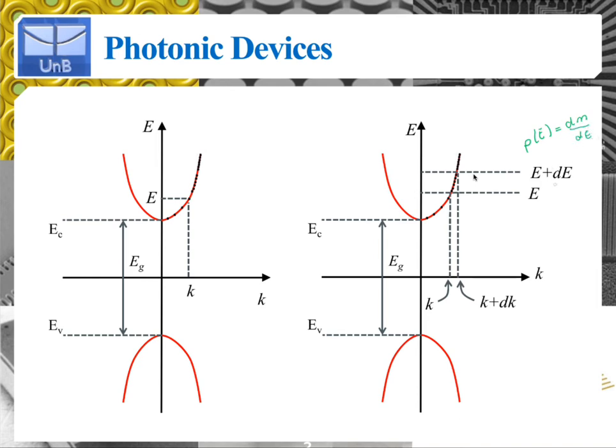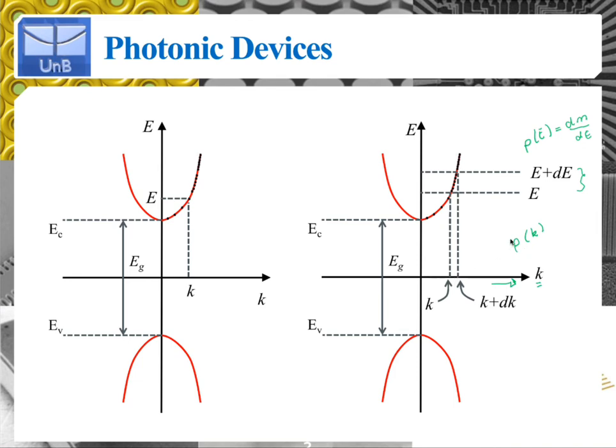This is a consequence of what we just said. And you can make these same definitions expressing the density of states, rho, as a function of k. The difference is only the dependent variable, but it's closely related.